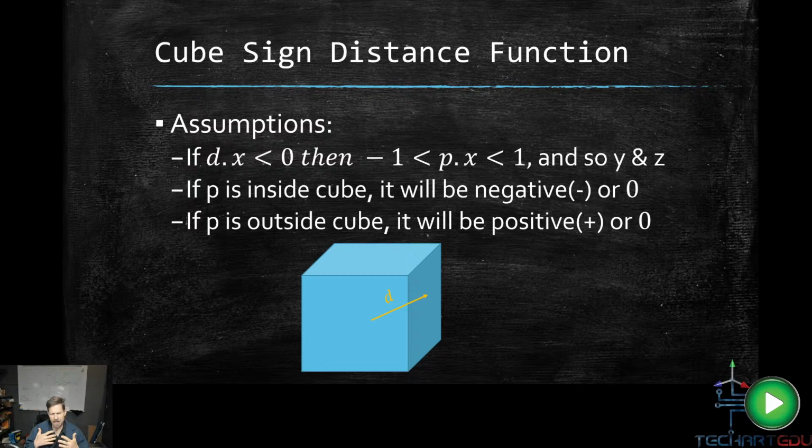But how you create a cube inside of a volume is, you take the assumption that if the position in x is between -1 and 1, and so therefore if the object is inside of the cube, then it's going to return something negative, or if it's outside of the cube, it's going to be very positive. But it starts with that basic assumption about x in the first place.